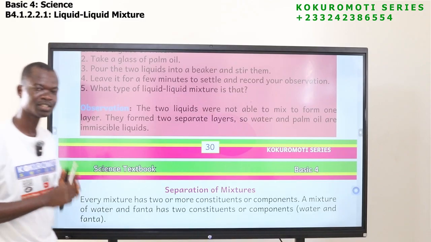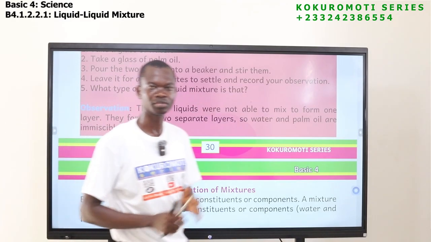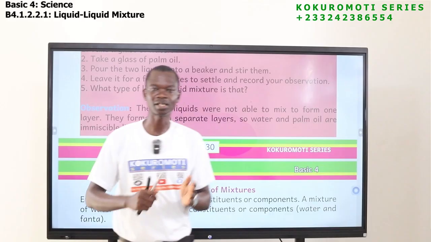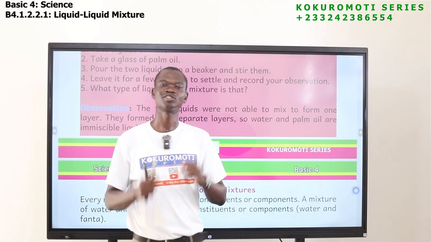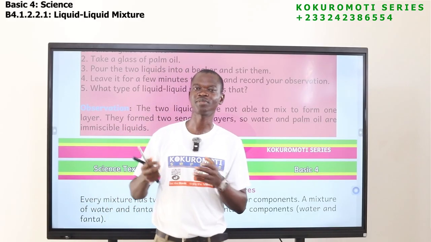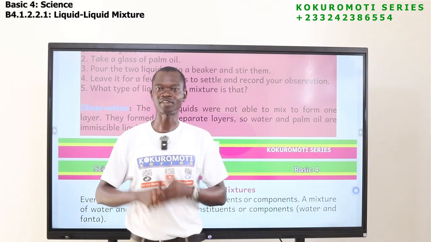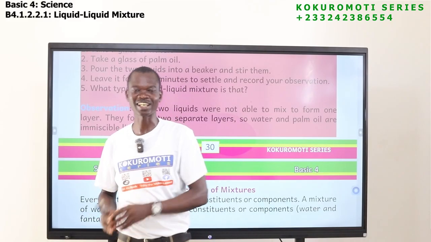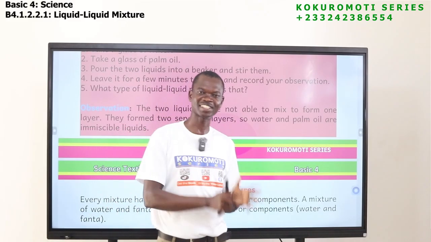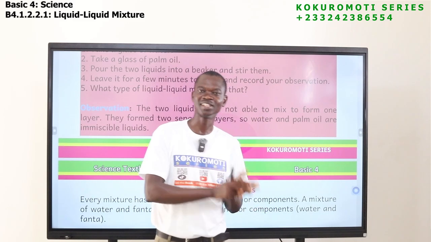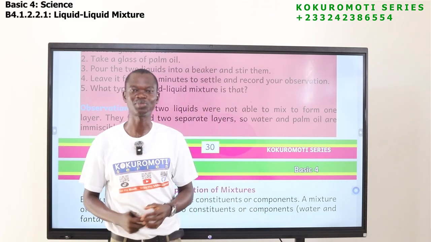Now we have seen examples of miscible liquids and examples of immiscible liquids. So listen to me. If I ask you to give me five examples of miscible liquids, I know you can do that. Five examples of immiscible liquids, I believe you can also do that.